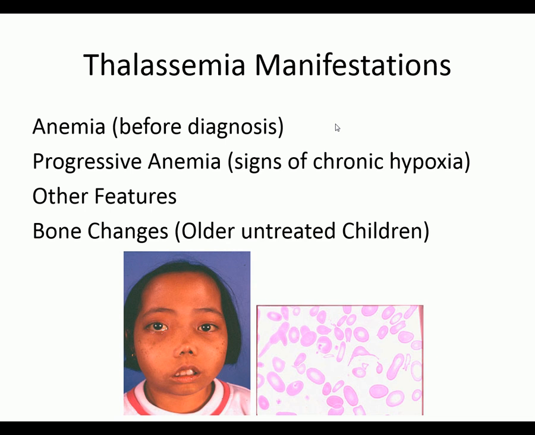Some children are going to require a splenectomy to decrease the disabling effects of abdominal pressure that they're going to have and increase the lifespan of those supplemental red blood cells that you're transfusing into them. They're going to need to guard against overwhelming infections. The patients and the families need to be taught to understand the need to notify their healthcare professionals if they have a fever of 101.3 or greater, because they're at an increased risk for sepsis.